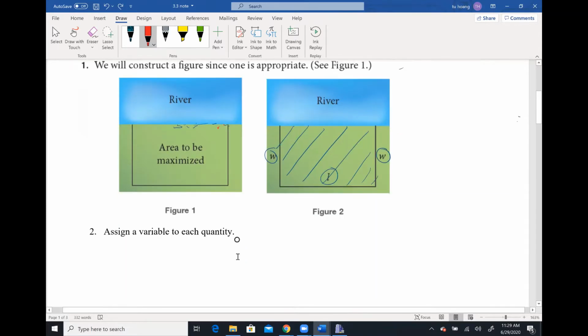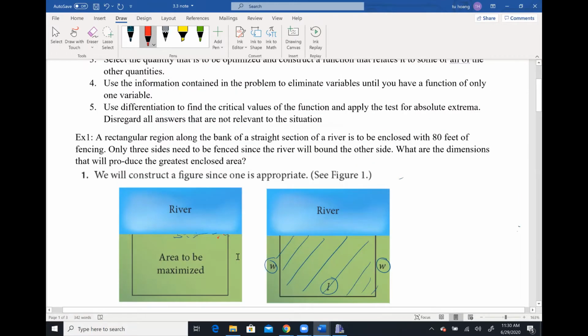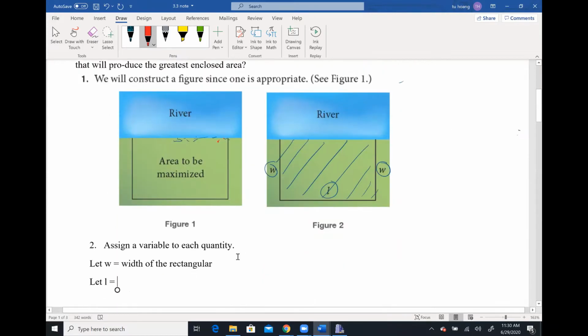So I'm going to say let W equal the width of the rectangle, and I'm going to let L equal the length of the rectangle.